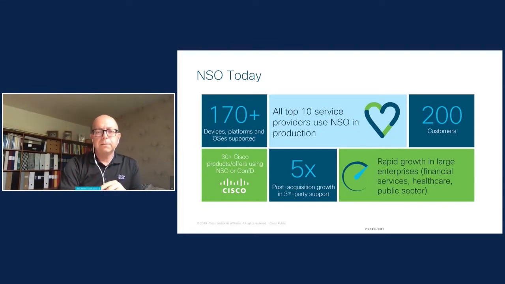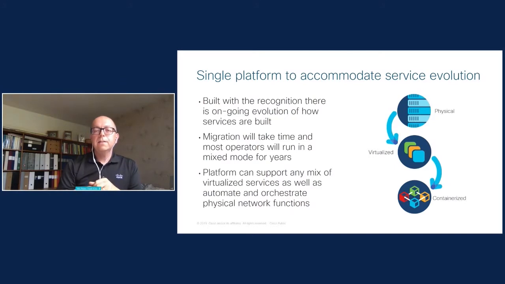So what does that mean? I would like to reiterate how NSO is used in the automation journey. The NSO platform is used to automate any network function, and still remembering that there is an ongoing evolution of automation. We really know that migration takes time, and many customers will run in mixed mode for many years.